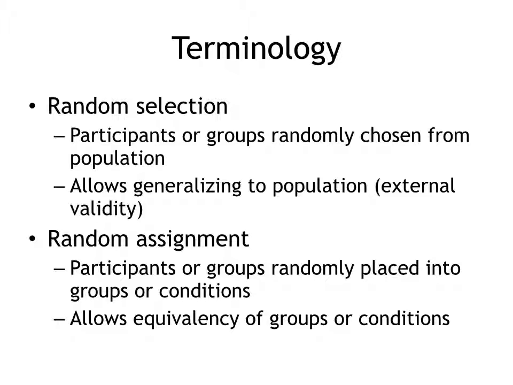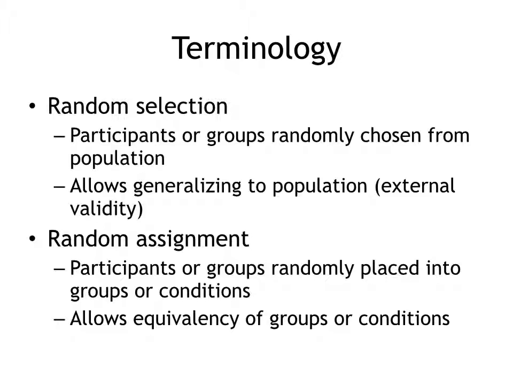Totally random. You just run a computer program and it tells you which subjects to pull out. And that's your random selection of subjects or groups. And what that does, you'll remember from a previous lecture, is allow you to generalize your findings back to that population.